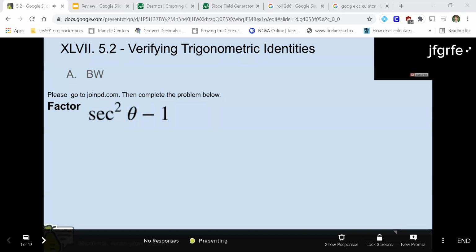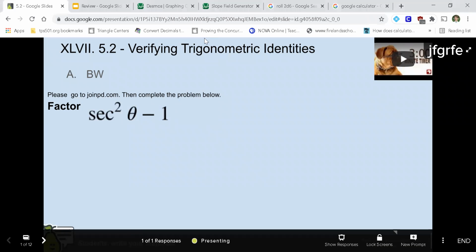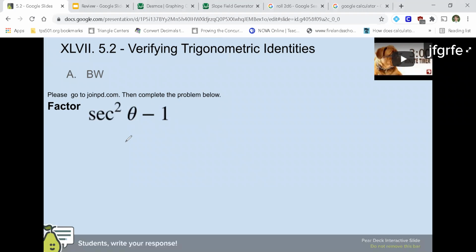Okay, so let's go over this. We want to simplify this one by factoring. One way you can think about this problem is to use U substitution like we did on Monday and let U be secant theta.